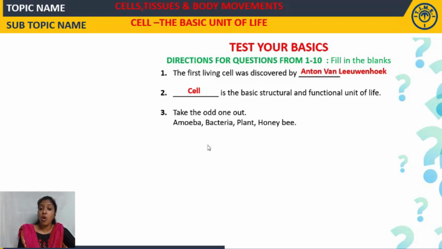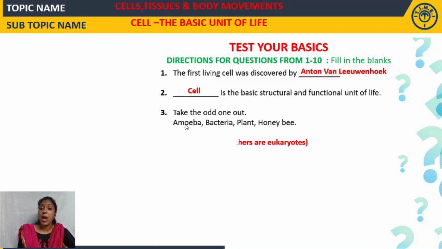So what is the odd one here? These organisms are classified on the basis of the presence of a true nucleus. So the odd one here is bacteria. Why is bacteria the odd one?